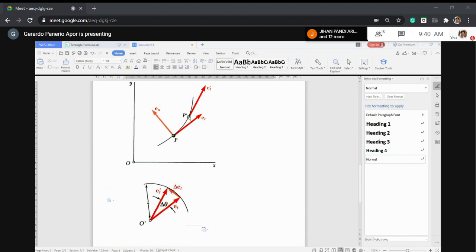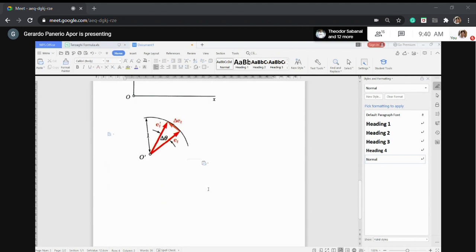In fact, if you draw a tangent line at P prime, the alignment is somewhat not coincident with the tangent line drawn at P. So there is a delta theta formed. Now, this arrow here from the tip of e t to e prime t is what we call delta e t, the change of the tangential unit vector.